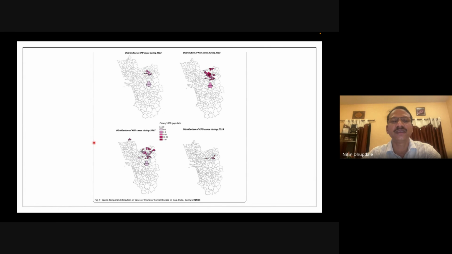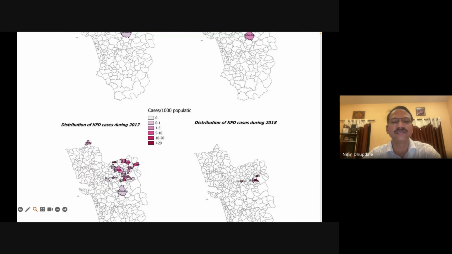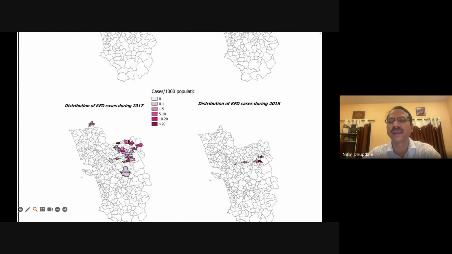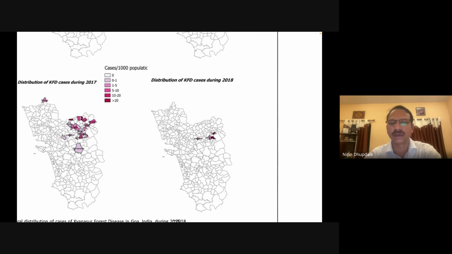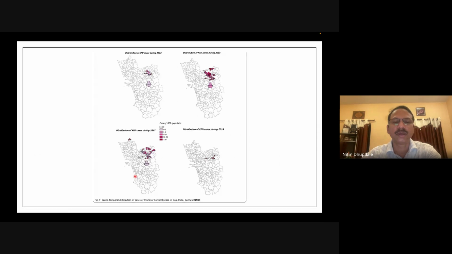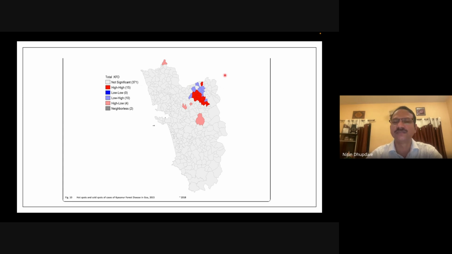You can see clustering of cases in 2016 it increased, 2017 it spread, and 2018 it reduced drastically, because of the efforts of vaccination with regards to KFD. Here they also did a nice analysis of hotspots, that is 15 and more, and the cold spots are where there is a very low incidence of KFD.